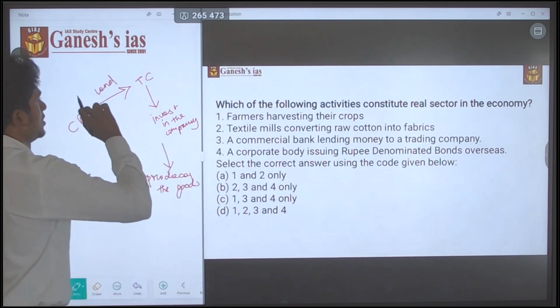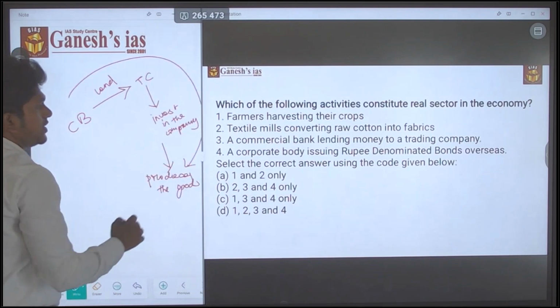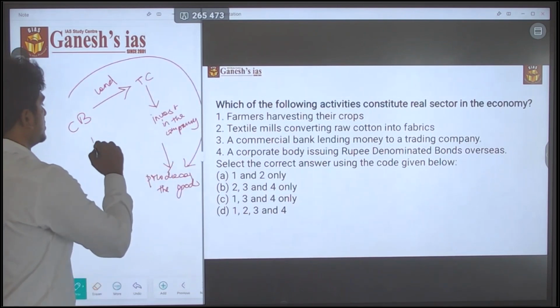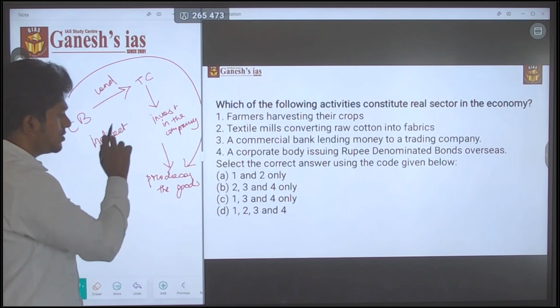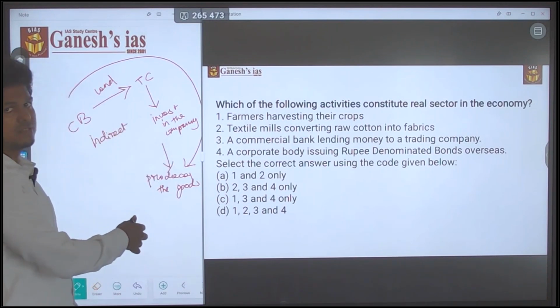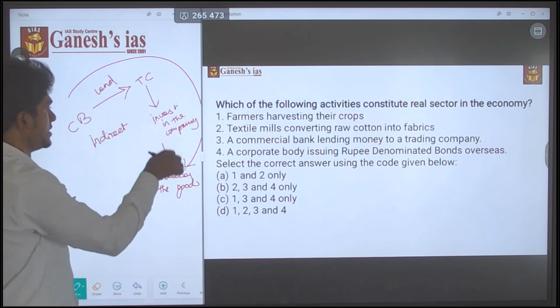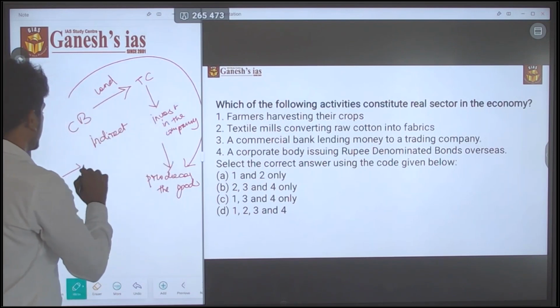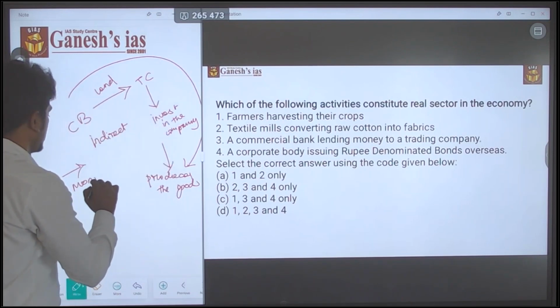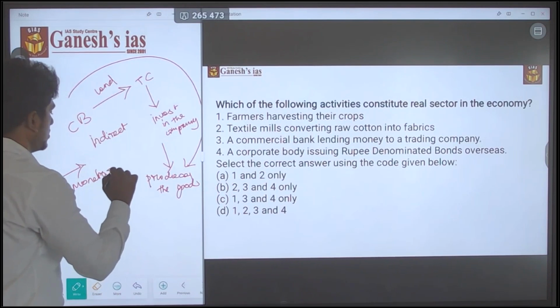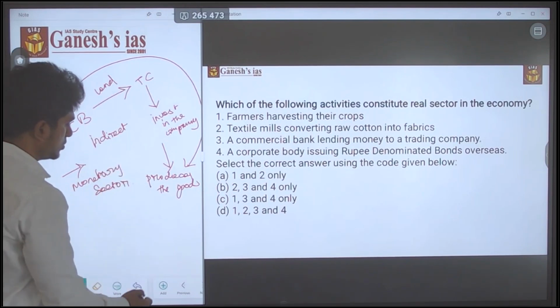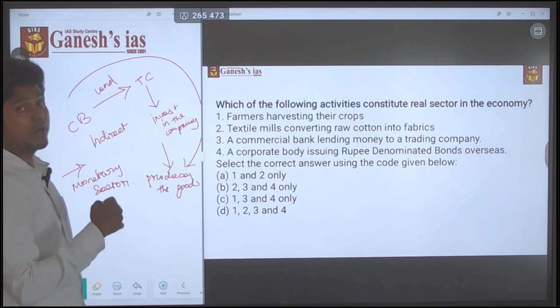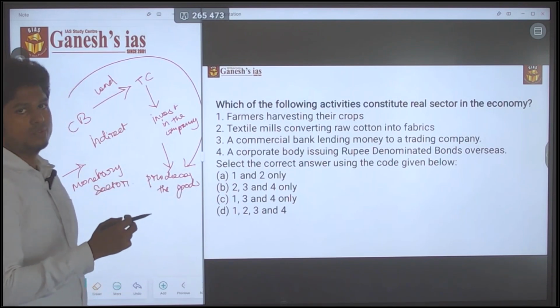So this much of a chain reaction has to happen. So this is called an indirect way. This is not a direct way of producing goods and services. So this is called the indirect way, or else it is called the monetary sector. This is not a real sector. So the third statement is speaking about the monetary sector, not the real sector.